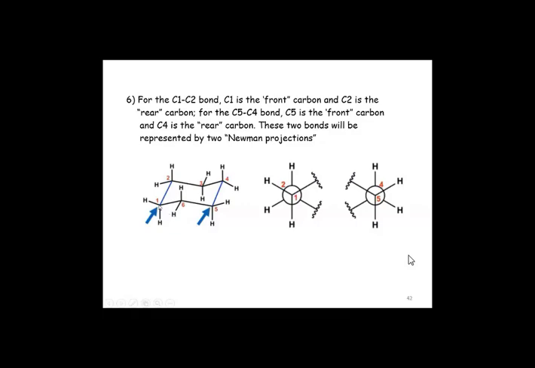And the equatorial hydrogen is shown like this. The second hydrogen is shown like this. Likewise, the 2 hydrogens attached to the second carbon are also shown in a similar manner. Similarly, the hydrogen atoms attached to carbon number 5 and 4 are also shown in staggered conformation.